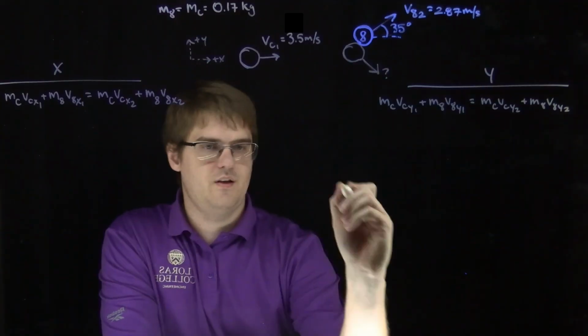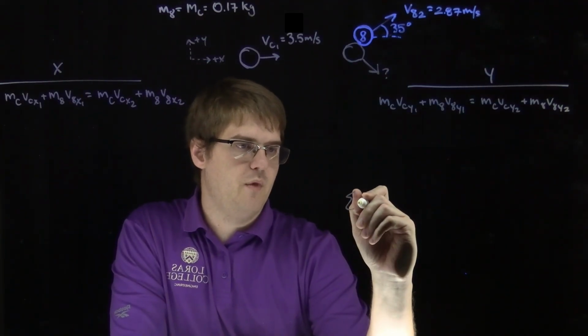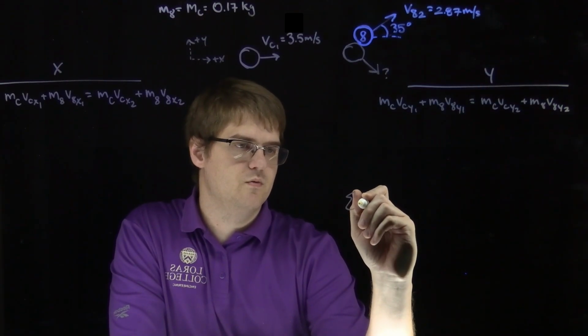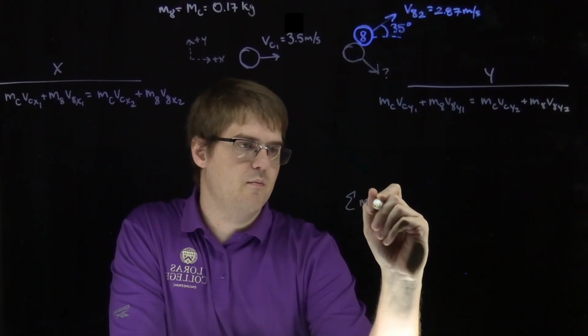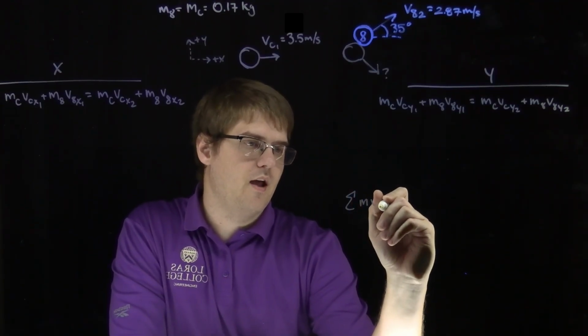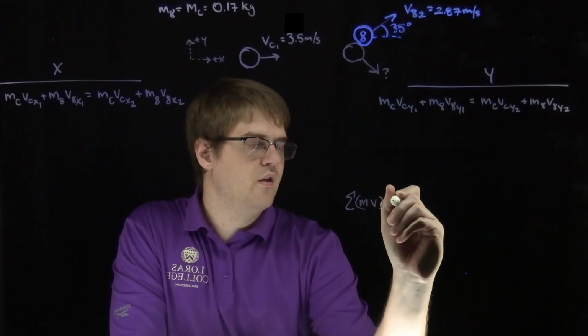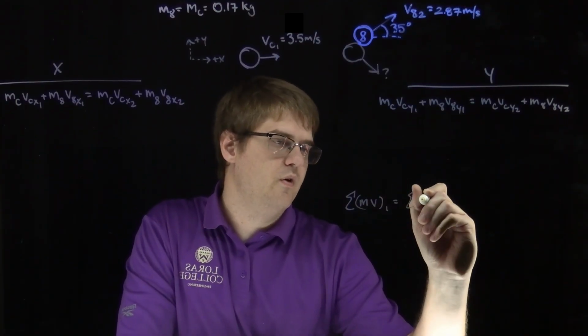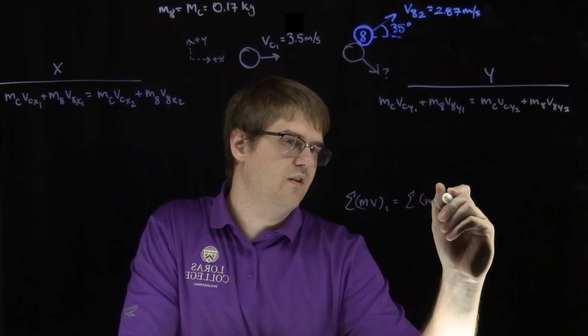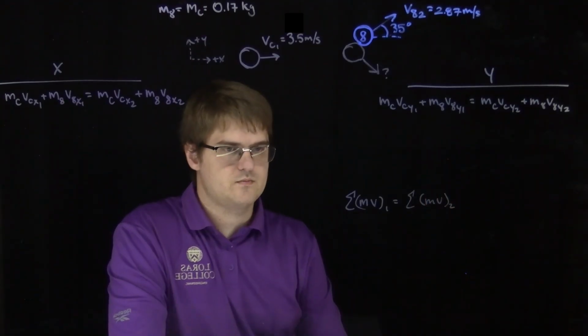All I'm doing here is saying the sum of my momentums, which is P, or I'm going to write mv, at time 1 is going to be equal to the sum of our mass times velocity of everything at time 2.